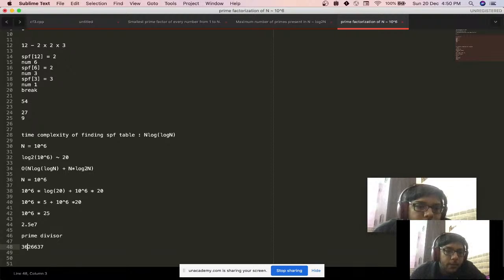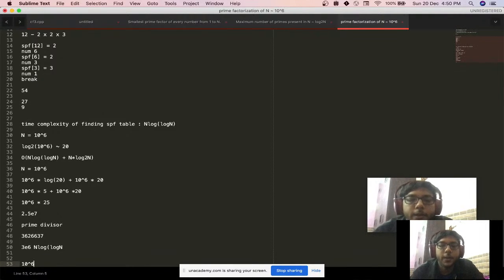This is 3e6 only. Looks like it's still around the order of n log n. How much is n log n? We have 10 power 6 into 20, so it should be around 2e7, right?